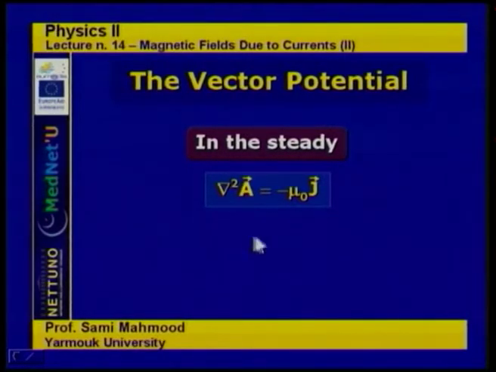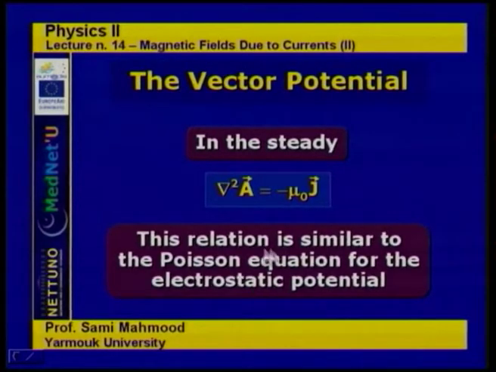Then we arrive at the result: gradient squared of the vector potential A is equal to minus mu naught J, where J is the current density. This is a relation similar to the Poisson equation for the electrostatic potential.